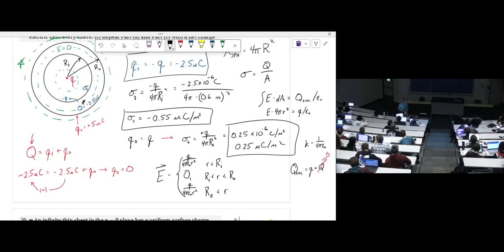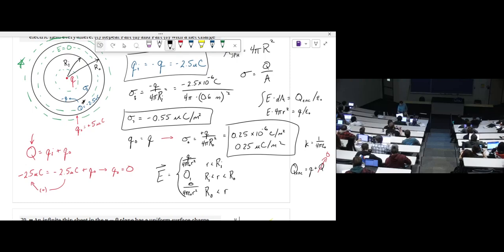What would the electric field outside of the conductor be? 0, yes, because the charges cancel out, right? If I add up all of the charge here, I'd have plus 2.5 microcoulombs minus 2.5 microcoulombs. That comes out to be 0 net charge. And so that would go away to 0 right here, right?